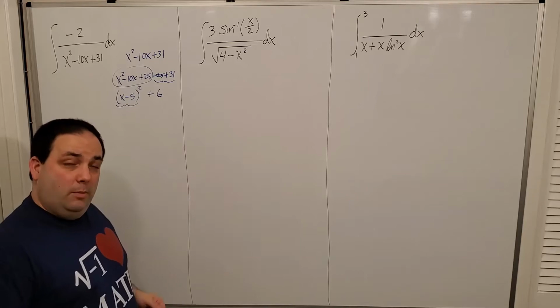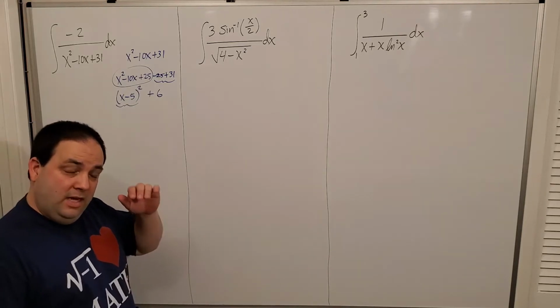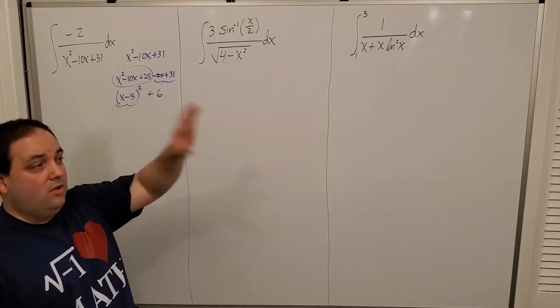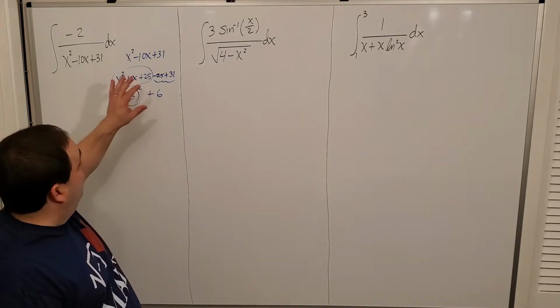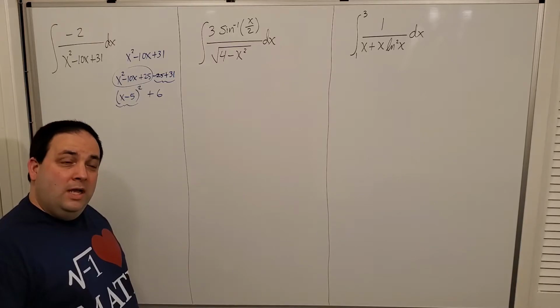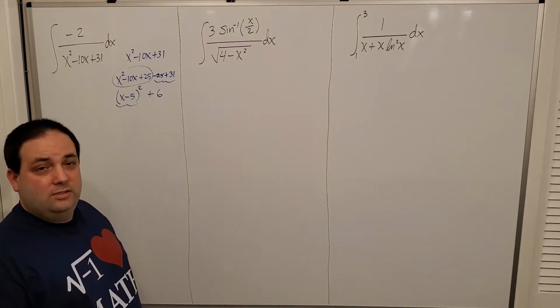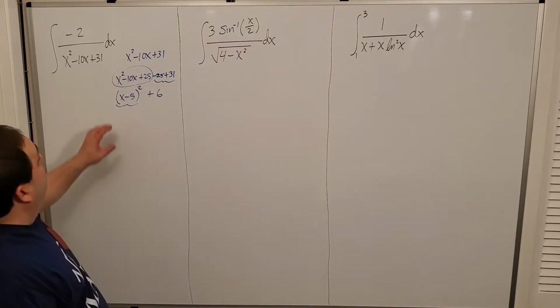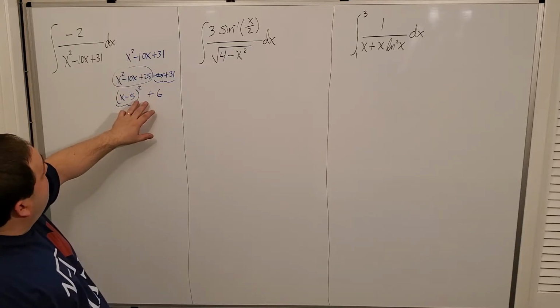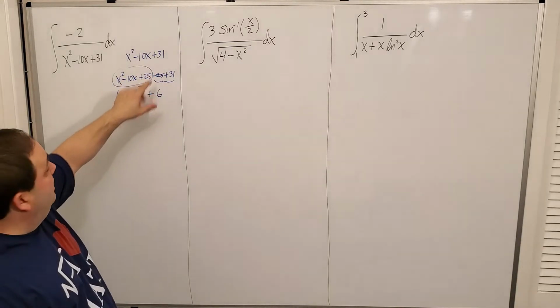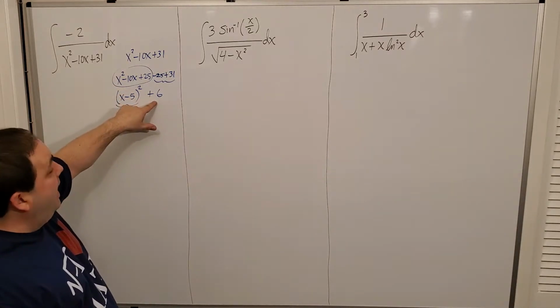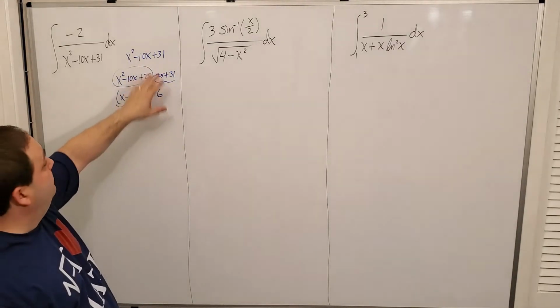It does keep coming up with many of the methods here in Calc 1, and also in the second semester course in Calculus 2. There will be a lot of completing the square necessary at different locations. So what that means is this expression is equal to that expression. If you were to multiply this out and add the 6, you would get this back.